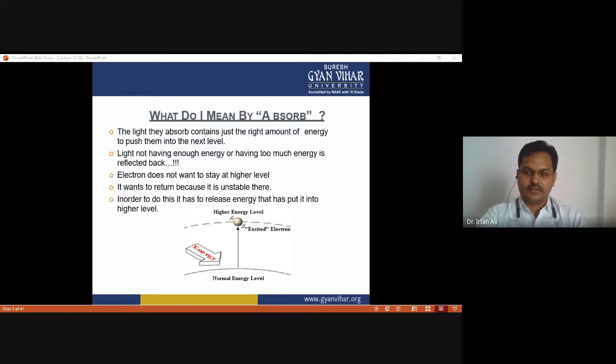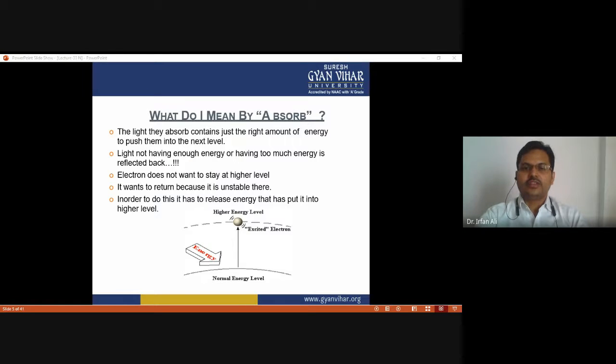Everything must be in a minimum energy state. That's why the electron wants to return to the lowest energy level, because it is unstable when at the higher energy level. In order to do this, it has to release the energy that put it into the higher level.